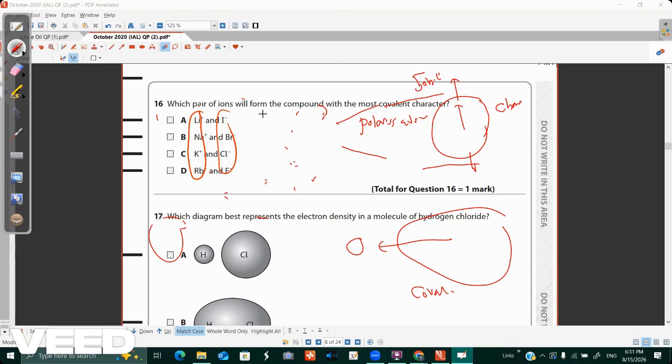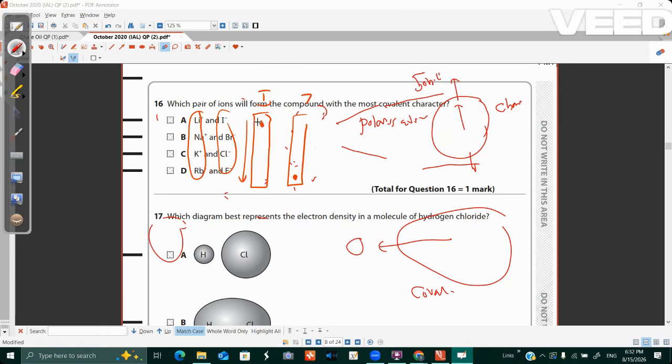How do you know? Look at the group. When you go down, radius is going up. Cation over here, anion over here. Anions are halogens, group number 7, with group number 1 at the top and group number 7 at the bottom.